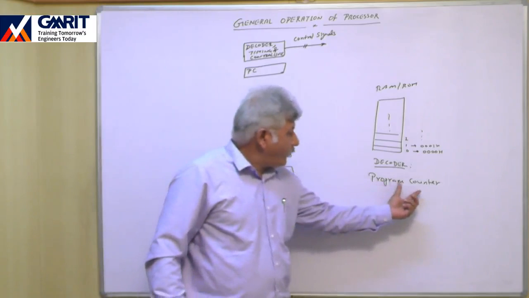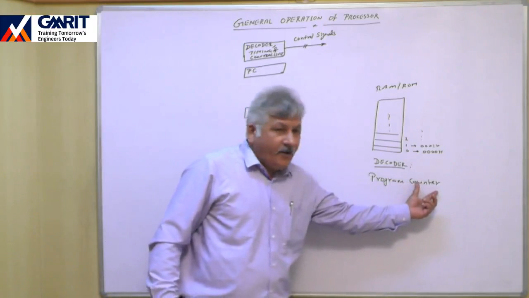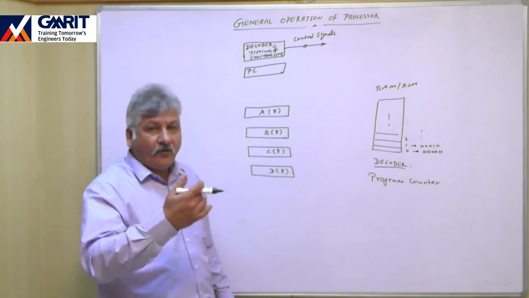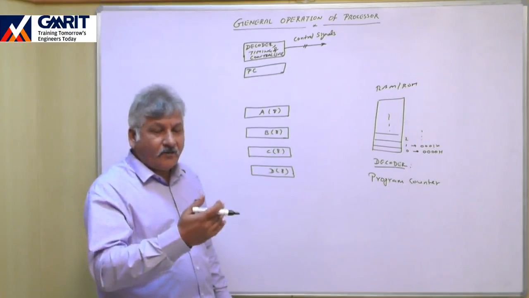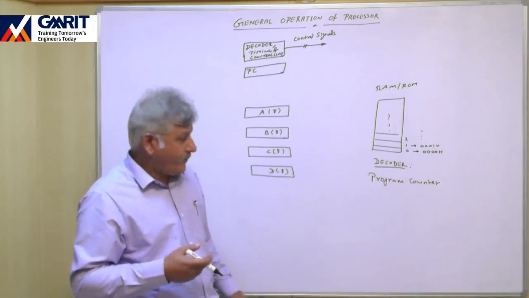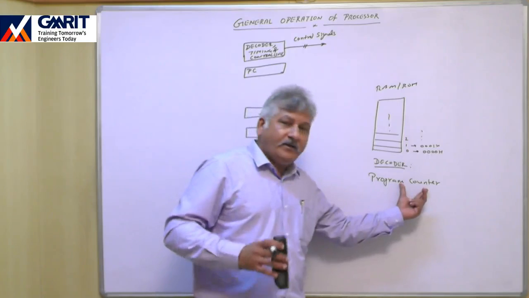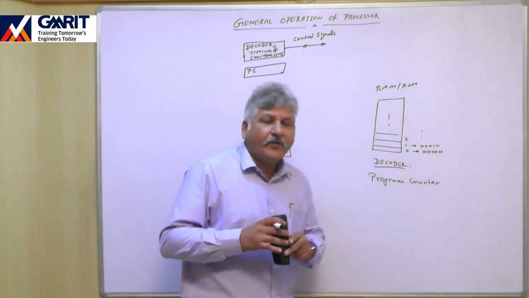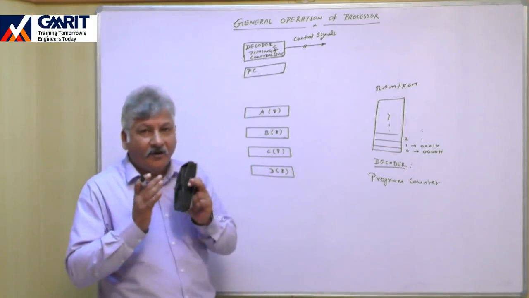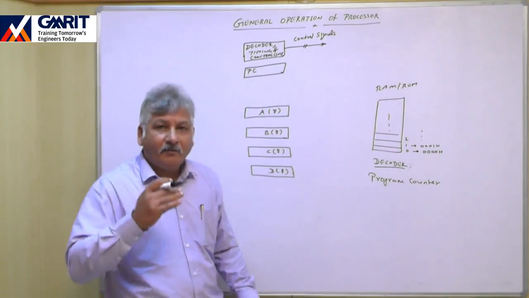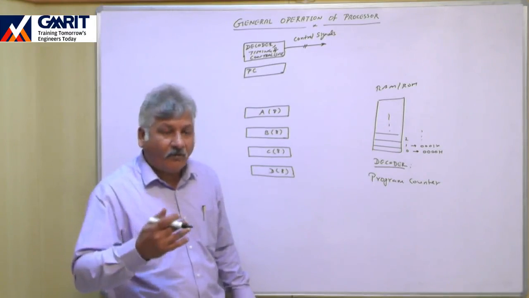The purpose of the program counter is that it points to the next memory location from where the processor is going to fetch the next instruction. Why will it point to a memory location? Because whatever program we have written, we have to load that program in the memory, in the ROM.